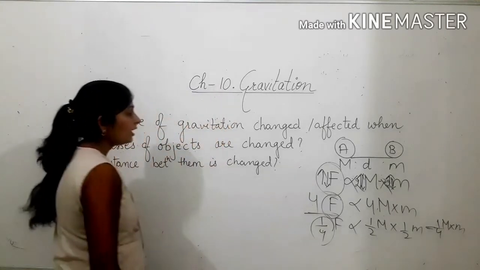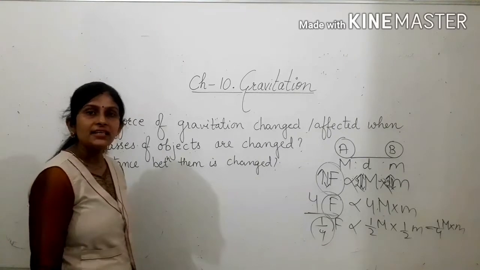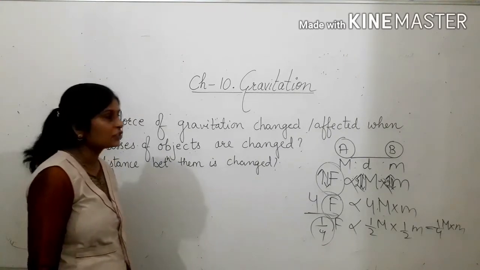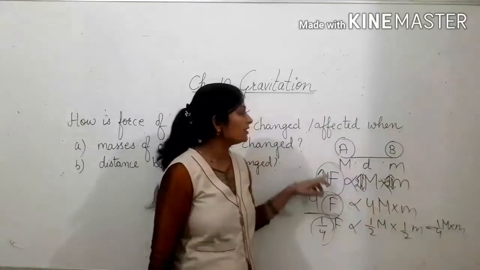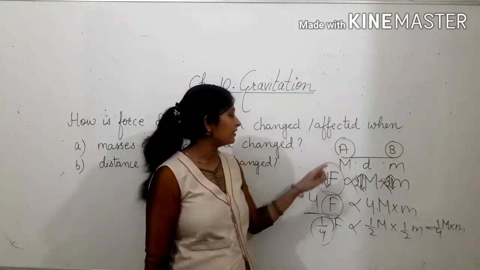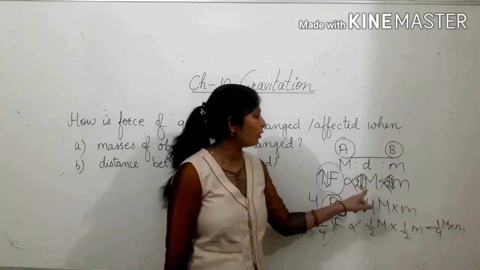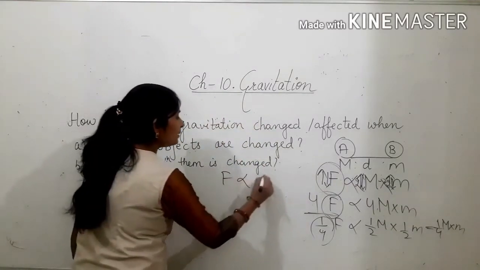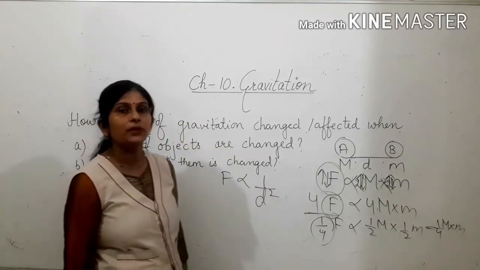Now, if the distance between them is changed, as I told you, according to the universal law of gravitation, every object in this universe attracts other objects with a gravitational force which is directly proportional to the product of their masses and inversely proportional to the square of the distance between them.